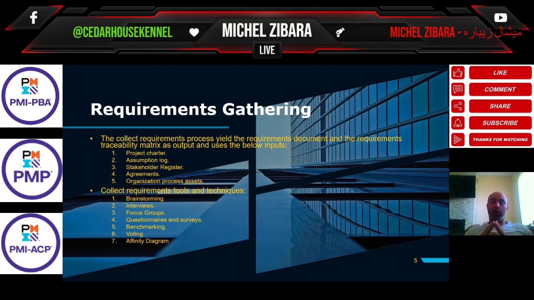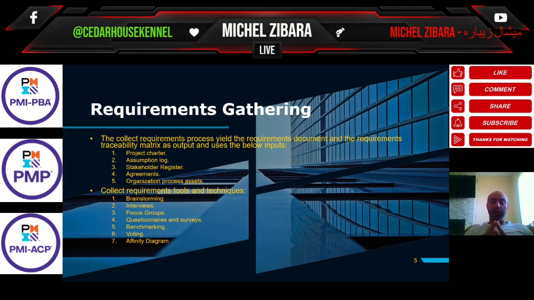Assumption log, also the same thing. There might be some assumptions on the project that will eventually influence the requirement traceability matrix and the requirements document. The stakeholder register: of course, all the requirements are elicited and analyzed from the stakeholders through different tools and techniques, which we're going to discuss in the next bullet point.